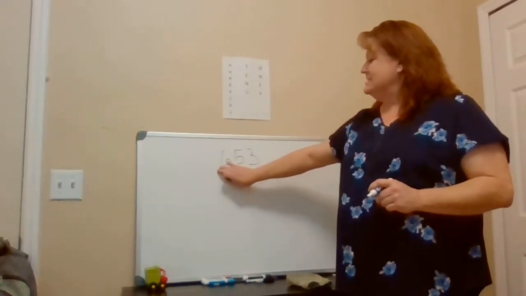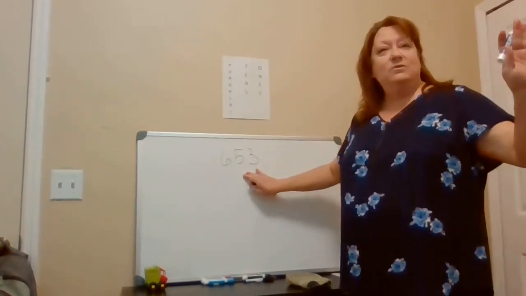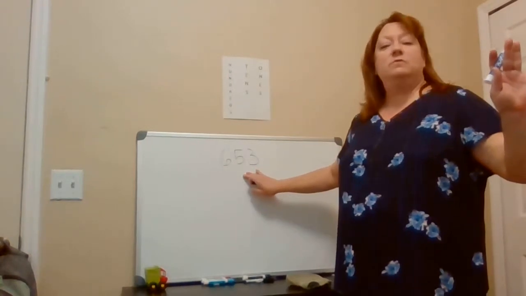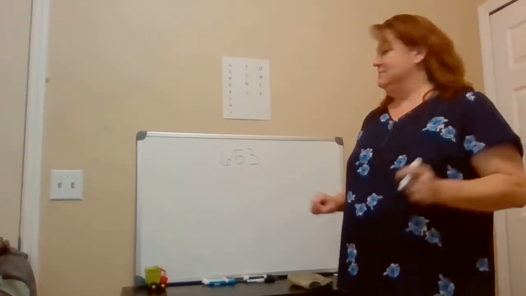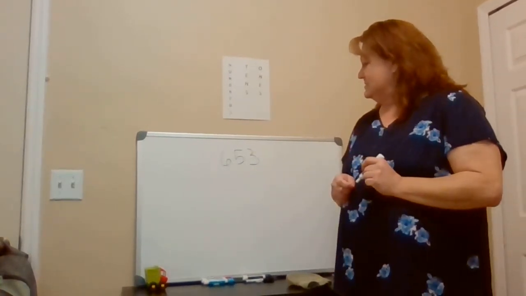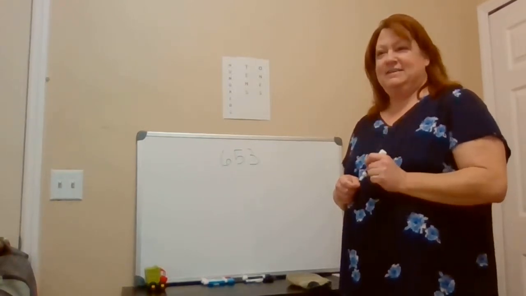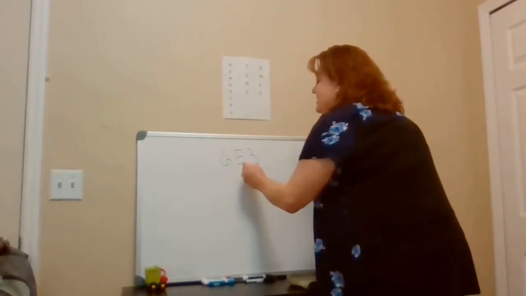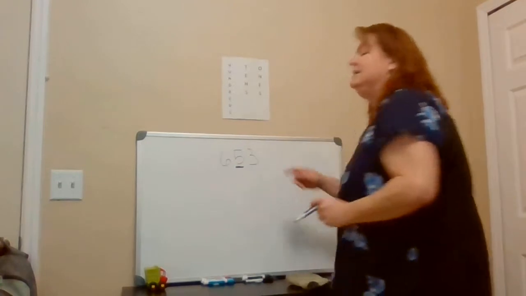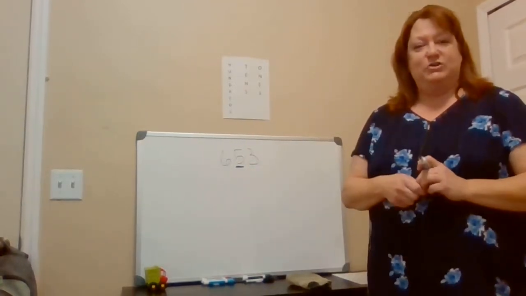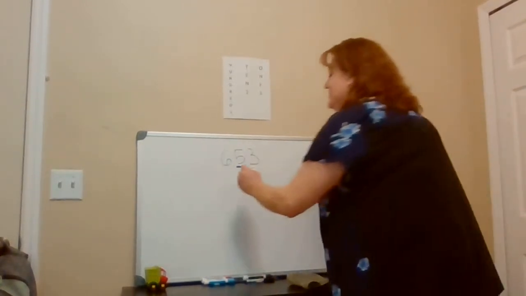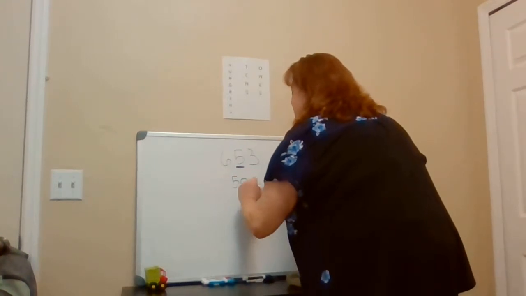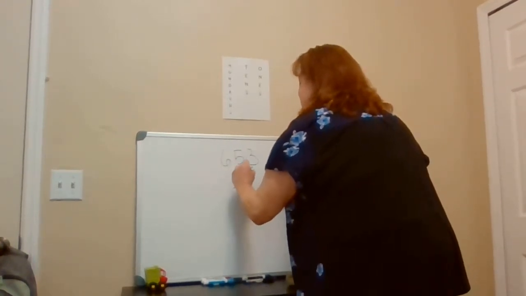Now looking at this number, raising hands again, who can tell me what number is in the tens? What number is in the tens? Ashley. Very good. The 5 is in the tens. So how many tens do we have here total? Right. That shows that we have 50 tens. Good.